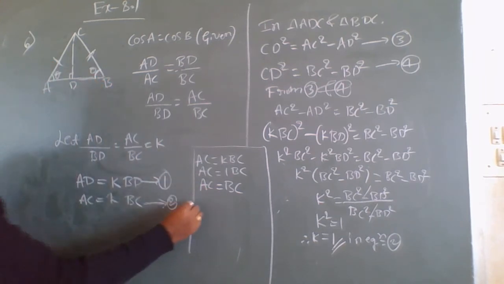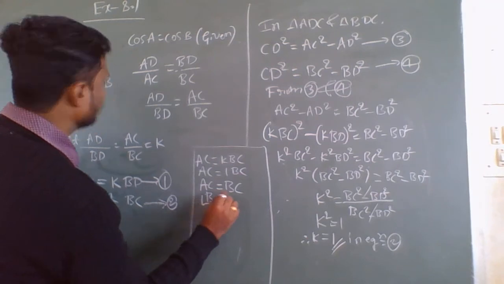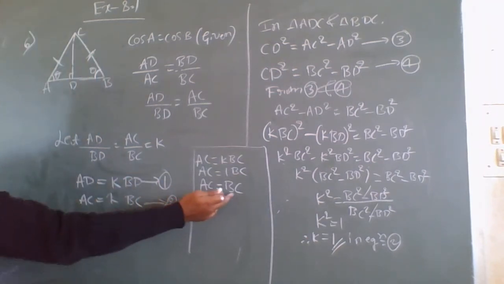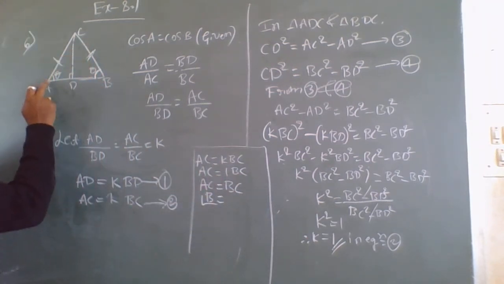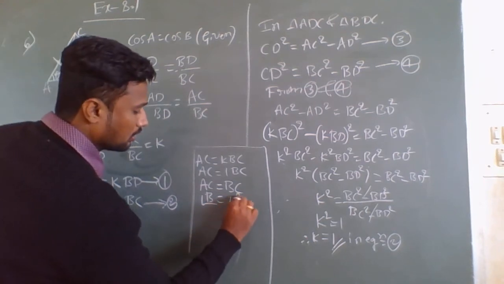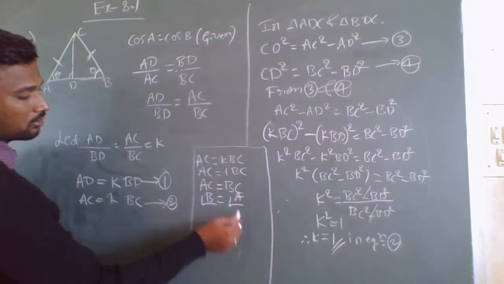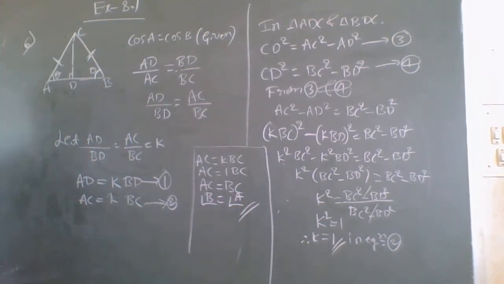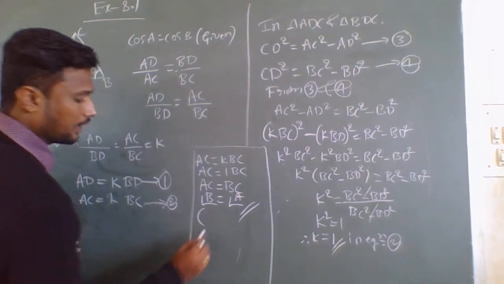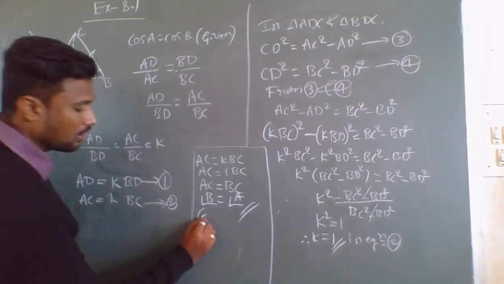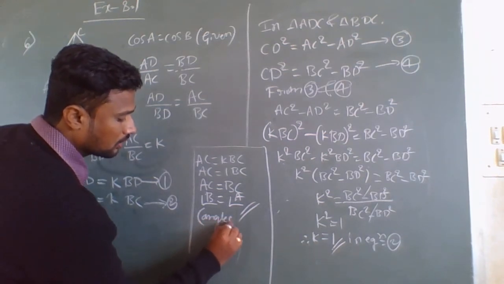Angle B is there. Angle B equals to opposite to side BC. What is the angle? A. So here what we got? Angle A equals to angle B. Hence we proved angle A is equal to angle B. Here you should write angles opposite to equal sides.